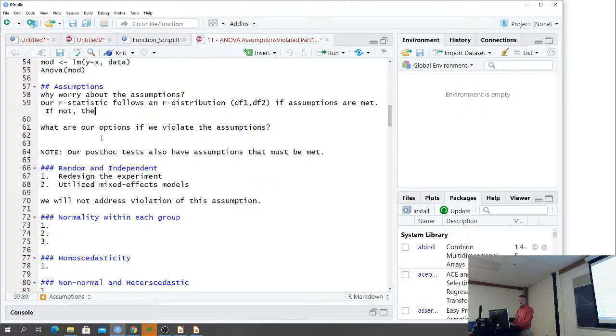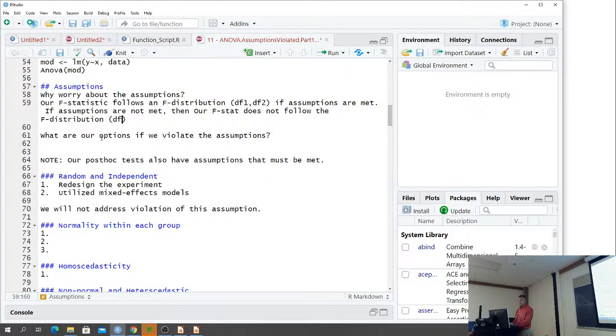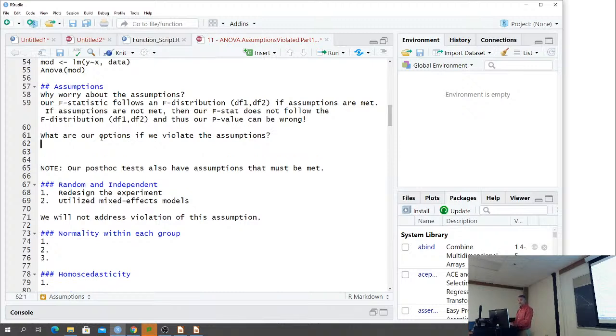If assumptions are not met, then our F stat does not follow the F distribution, and that again is df1, df2. And thus our p-value can be wrong. Pretty significant. All right, so what are our options if we violate the assumptions? See below.